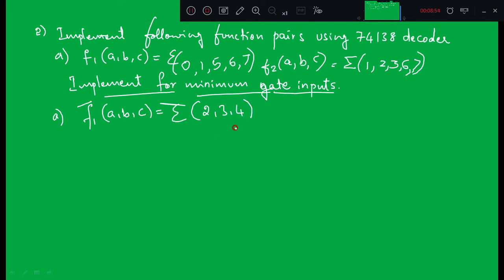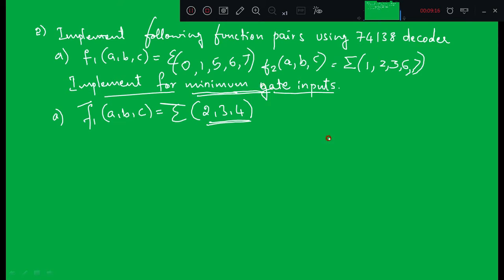F1 bar, either you write F1 bar or you can also write pi of 2 3 4, right? So even that is correct. Now if I implement this function, we will have only 3 inputs for the external gate, right? So we are fulfilling the condition given in the question.